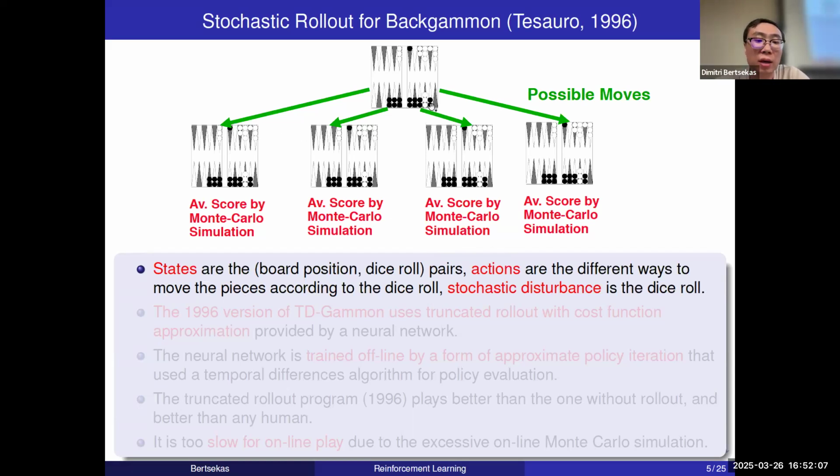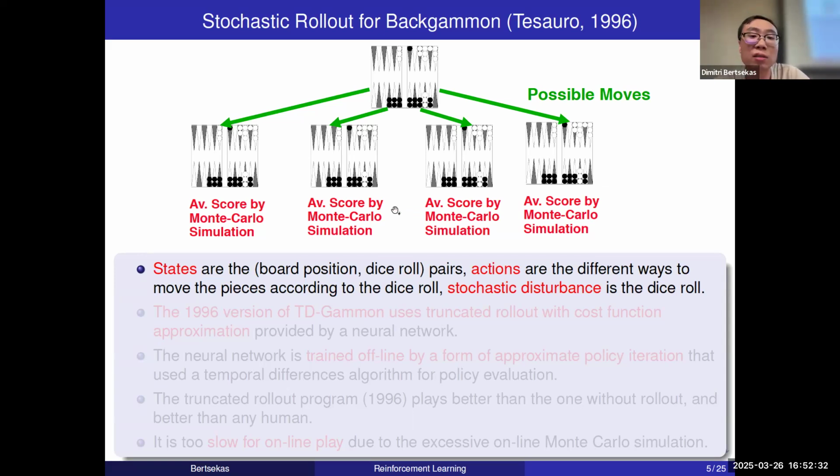And at every state, which is the board position, and after the dice roll has been fixed, there are 20 to 40 different moves that can be made, which means there is a branching factor around 20 to 40.